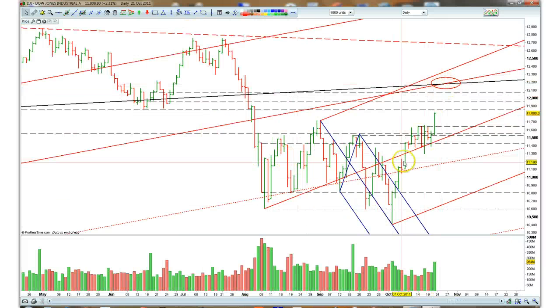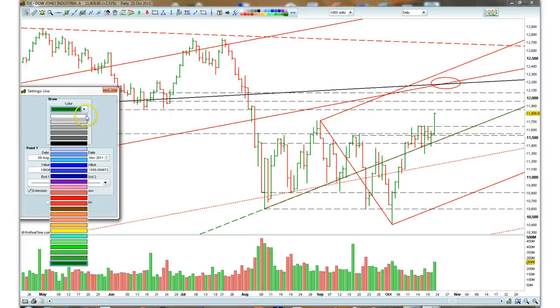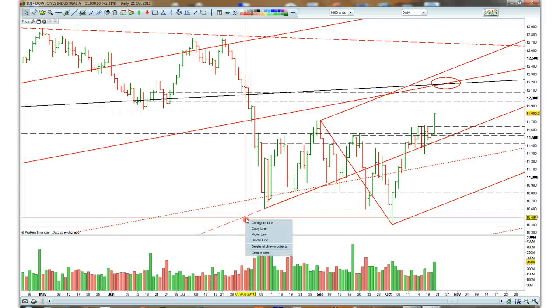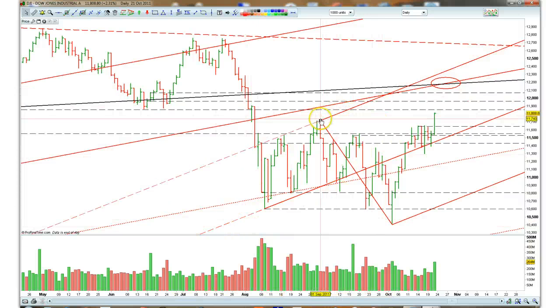See if it were to tag the upper tine here or the underside and come back. Let me get rid of this, got too many pitchforks here. What I might do, just to see where she can run to, is colour that in red and make it light, and I'll copy that. So if I tag those, see that tags those highs there as well.